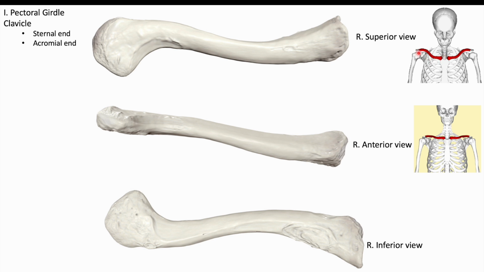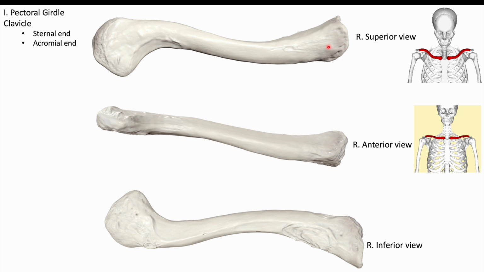And remember, the other end is going to attach to the acromion process of the scapula, so that would be the acromial end. Now, when you're looking at the clavicle, in order for you to identify whether it is the left or right clavicle, you need to understand the different orientation of the clavicle to begin with.